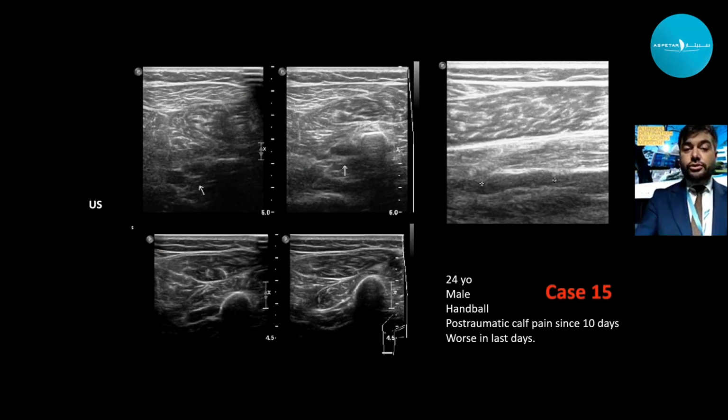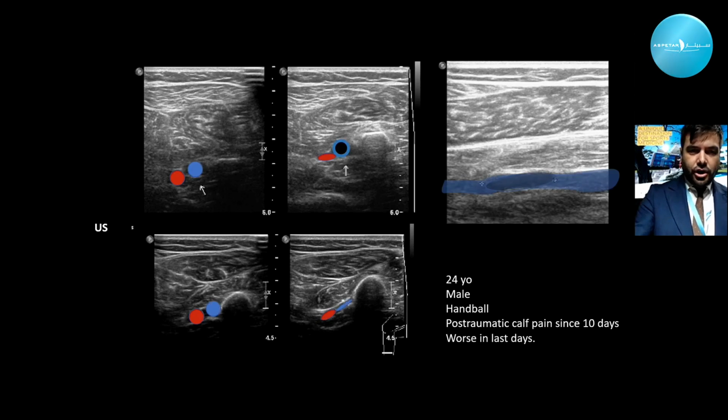So the next step was to do ultrasound, because under suspicion of deep venous thrombosis, the best imaging technique is still ultrasound. The images are not very easy to understand, but this is the normal side, and this is the pathological side. Think that there is an artery, there is a vein, and we make compression with the transducer.